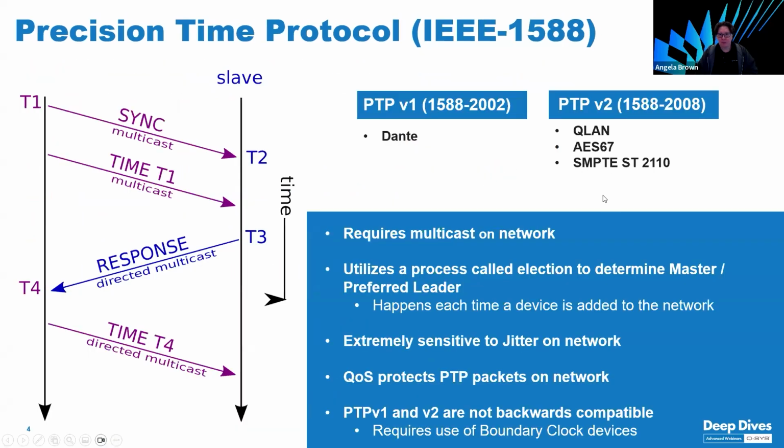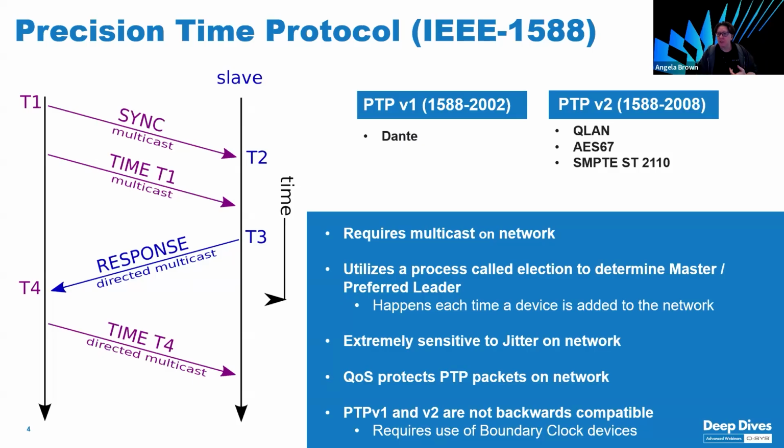All right, so PTP v2. We're looking at basically what happens on the network and what the messages are. PTP v1 is Dante, although I hear a rumor that Dante is actually going to be switching to PTP v2 soon. I'm not really sure when that's going to be, but the rumor came from somebody that works for Audinate, so we'll just leave it at that.